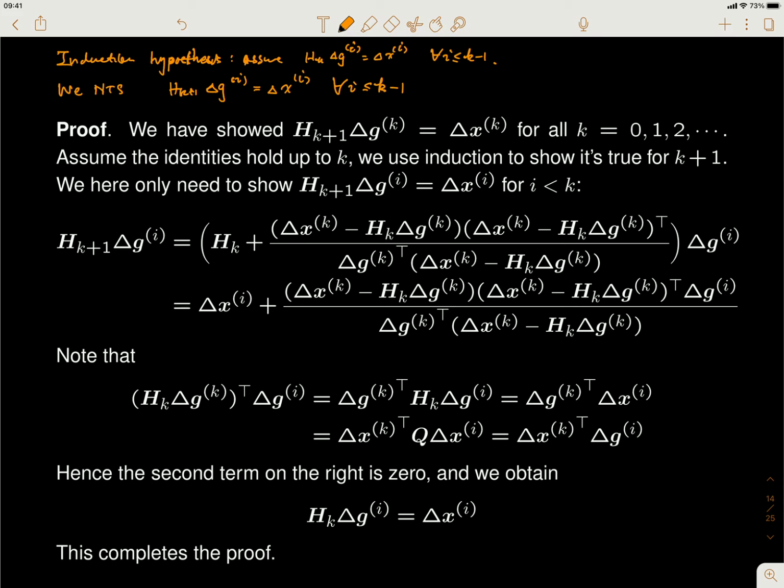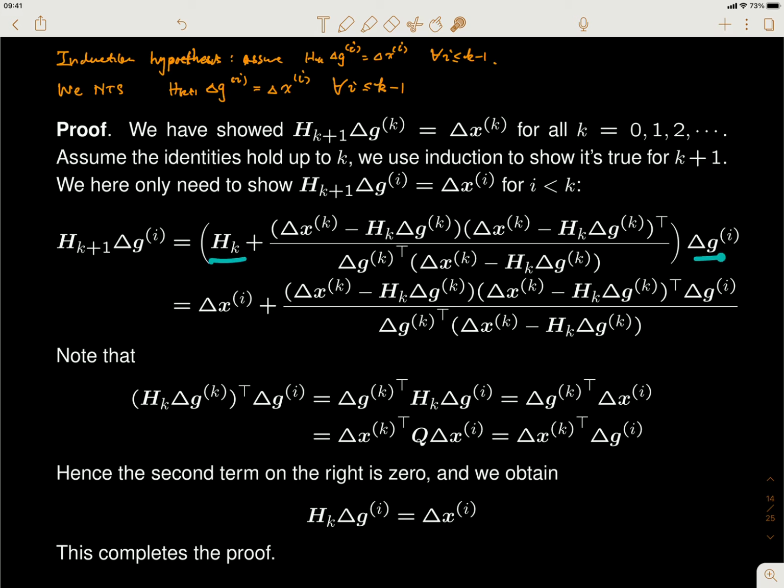Okay. So to show this, hk plus 1 times delta gi. Recall the formula for the rank 1 update: the hk plus 1 is just this. Now put this and this together, because i is less than or equal to k minus 1. According to the induction hypothesis, the product of these two is just the delta xi.